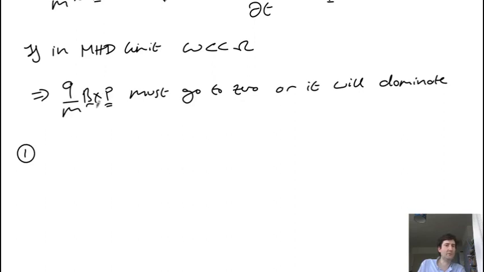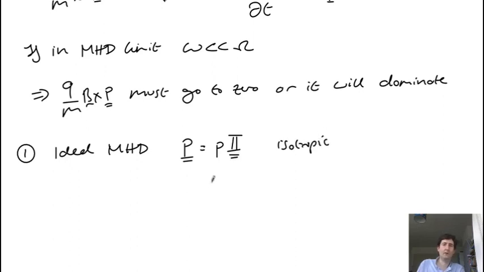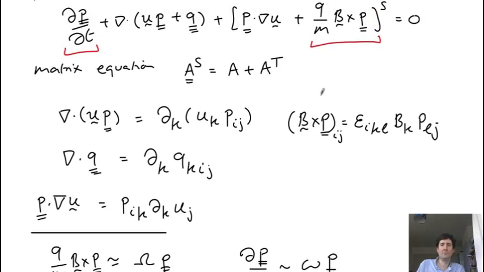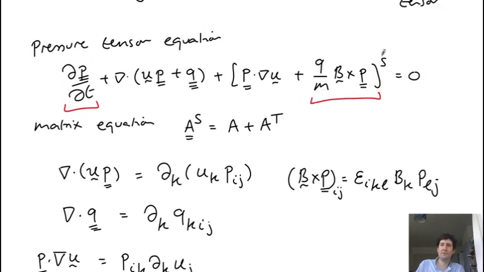But one way of making this term zero is in MHD. If you make the pressure tensor just a scalar times the identity matrix, then it is isotropic. In that case, I have to remember that this term is also combined with its transpose, because it's under this S operator.